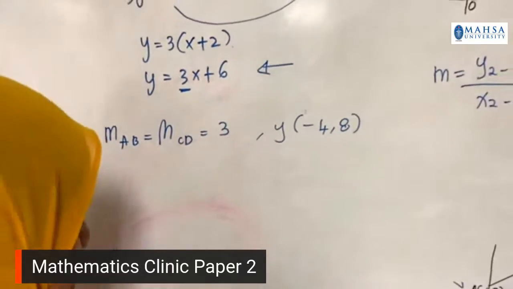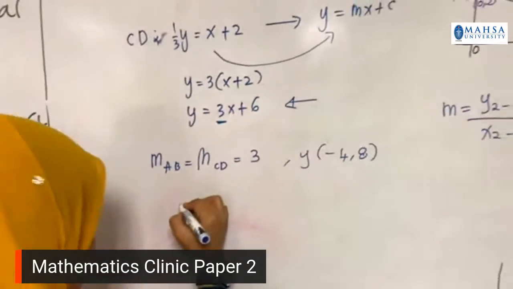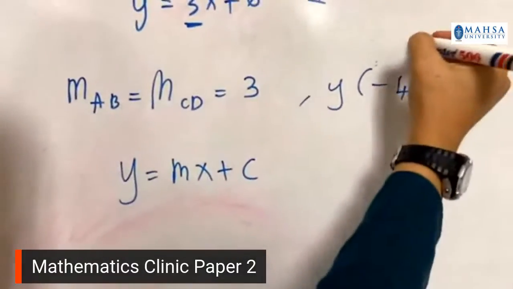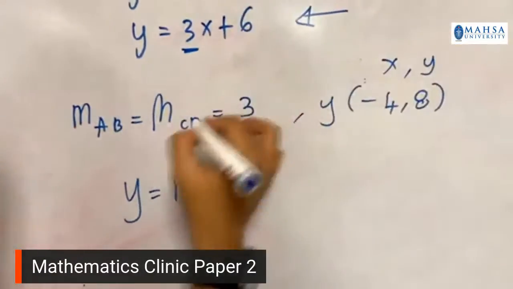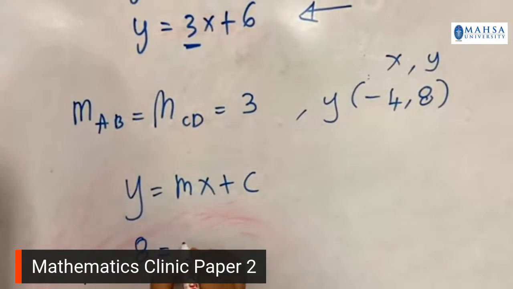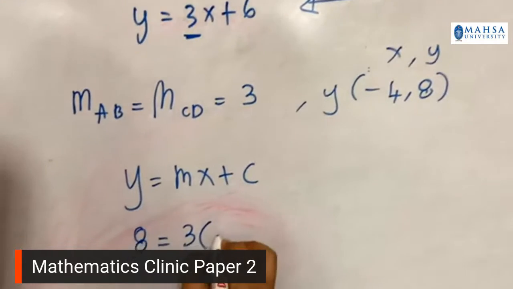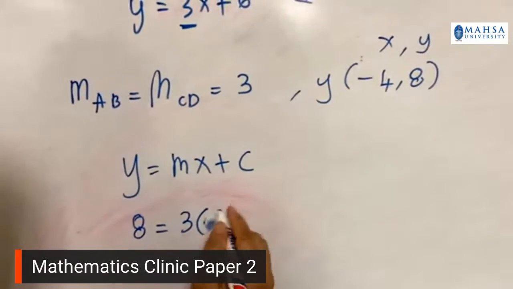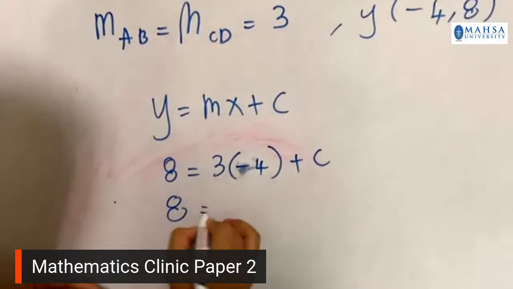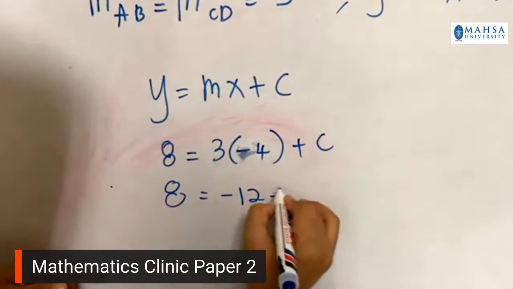So again, we use the formula y equal to mx plus c. This one is your x, this one is your y, this one is your m. So your y is equal to 8, your m equal to 3, your x we have -4, plus c. So 8 equal to -12 plus c.